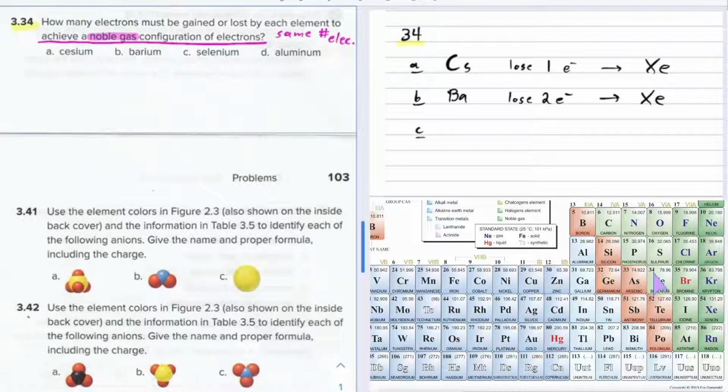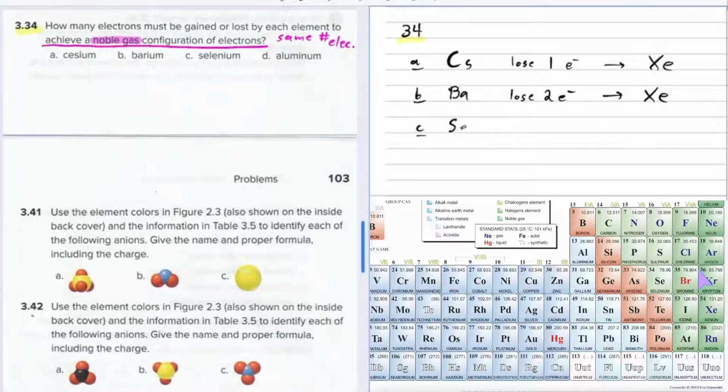This is element 34, and this is element 36. So gain 2 electrons to be like krypton. So for selenium we'll put gain 2 electrons, and that makes it like krypton. And if a selenium atom did that, it would have a -2 charge.